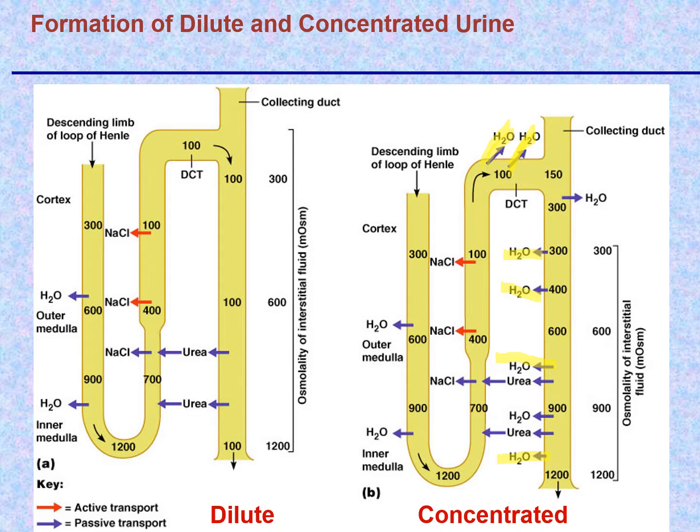Normally, whatever water does come would be simply due to whatever water can move because of the salt pulling it. But when you get a concentrated urine, you need aquaporins, and therefore ADH expression.